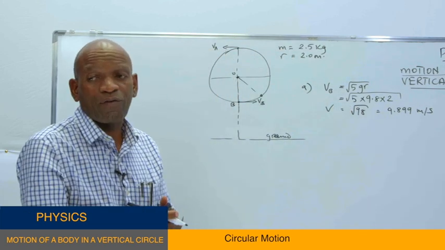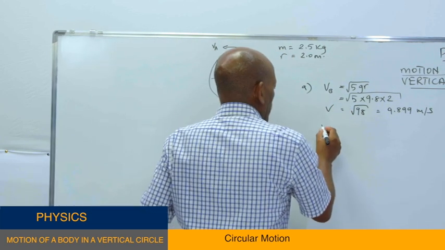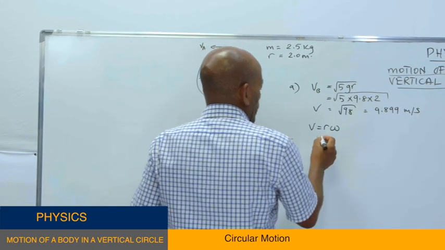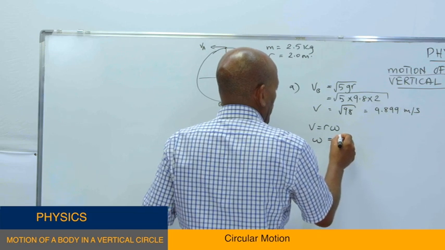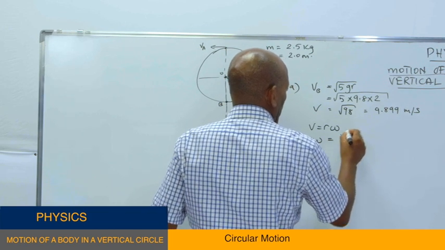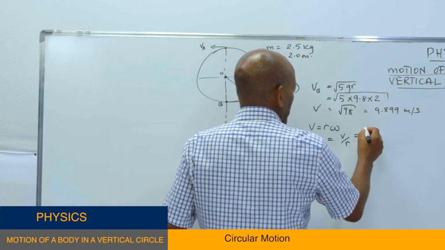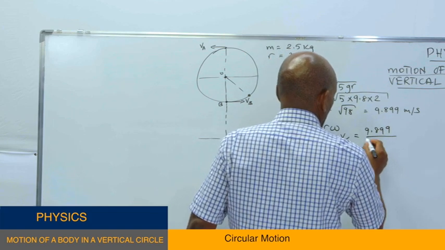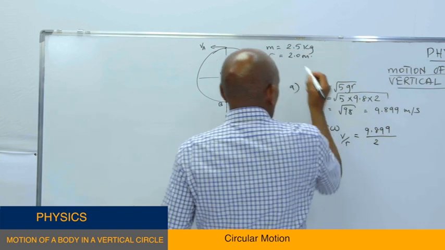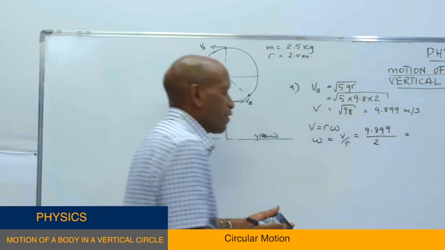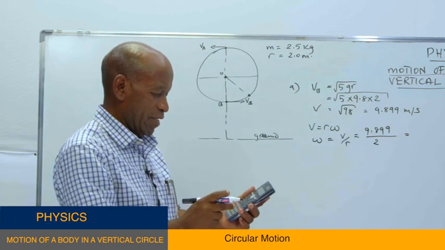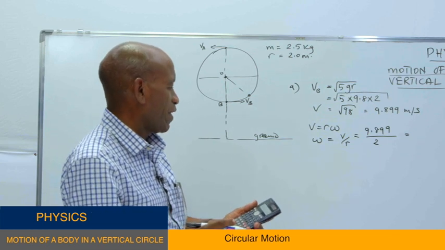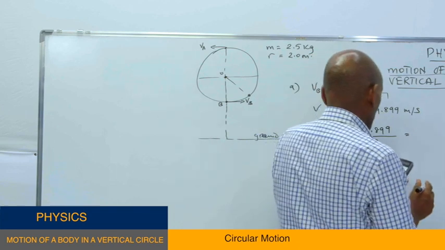But we had been asked to determine the angular velocity. We know that V is equal to R omega, where omega is the angular velocity. So omega will be equal to V over R. The velocity is the one we have just obtained, 9.899. We divide by R, which is 2 meters, to get the angular velocity omega, which is 4.949.